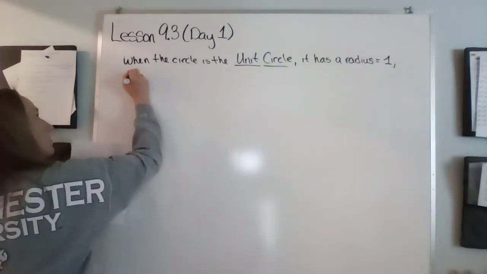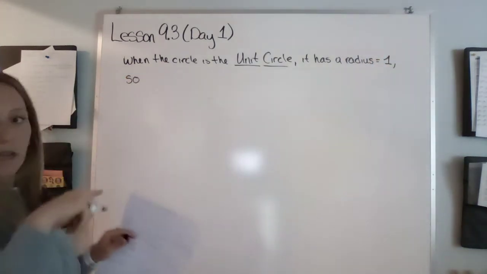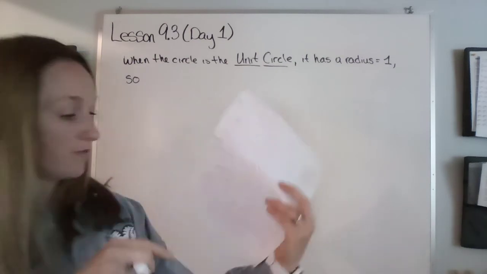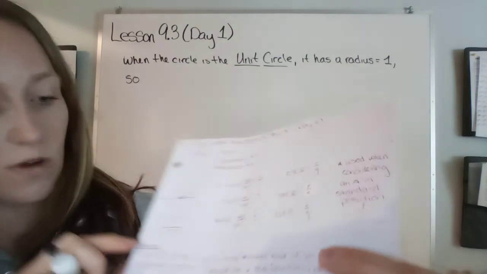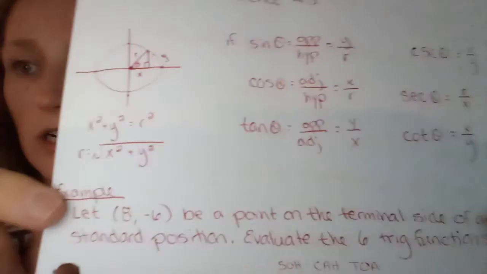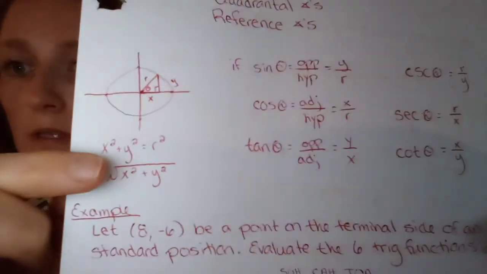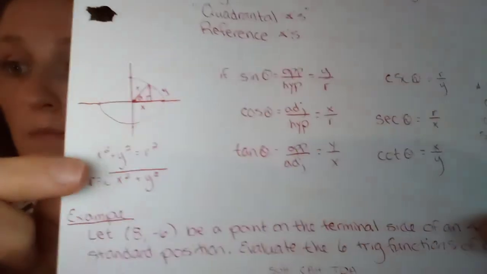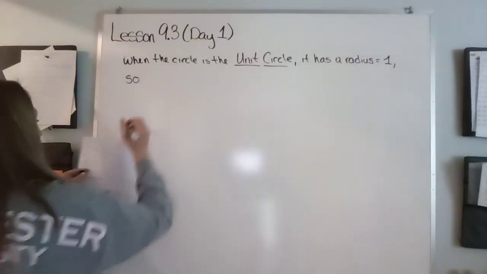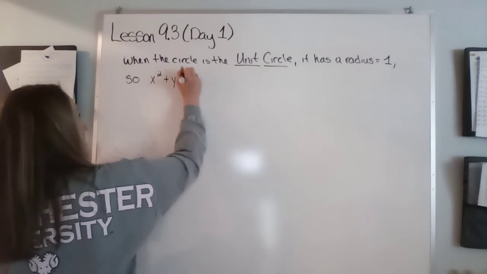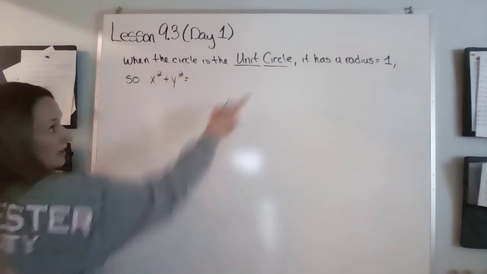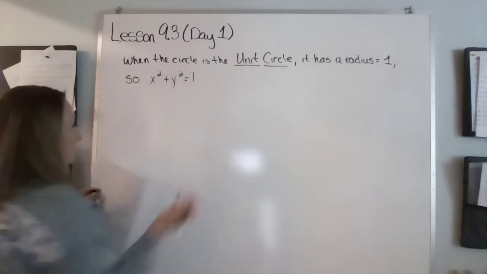So, remember on the last bit of notes that we just did, we wrote this right here: x squared plus y squared equals r squared, by using the Pythagorean theorem. So based on that, I know that x squared plus y squared is equal to r squared, and if the radius is 1, 1 squared is just 1.